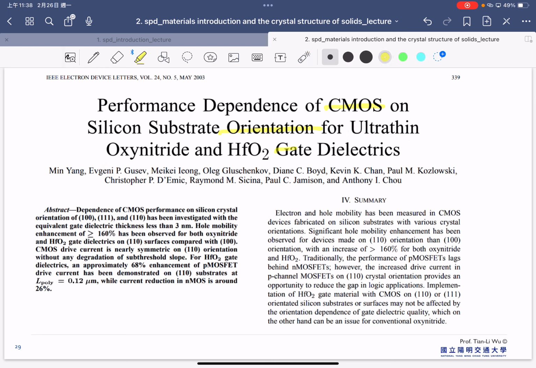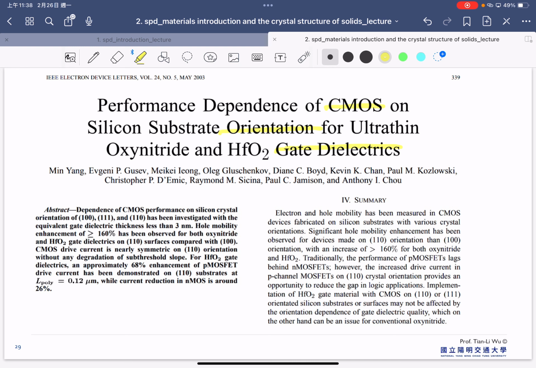If you don't understand the oxide nitride hafnium oxide, that's fine. But with the knowledge of the 2 classes, I think you can roughly get a sense of what this paper will be talking about.